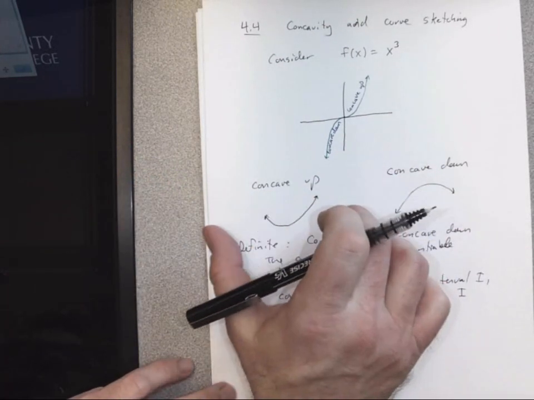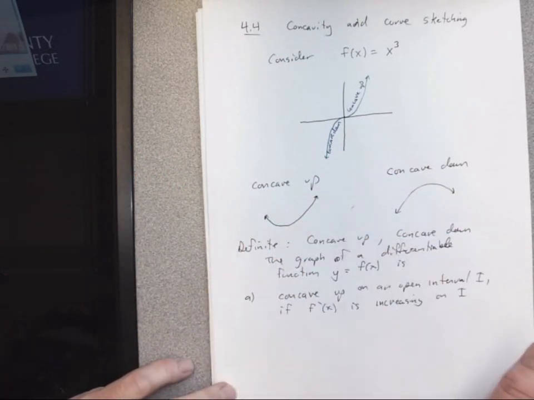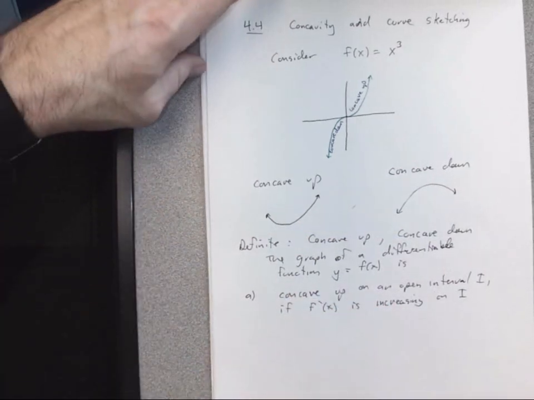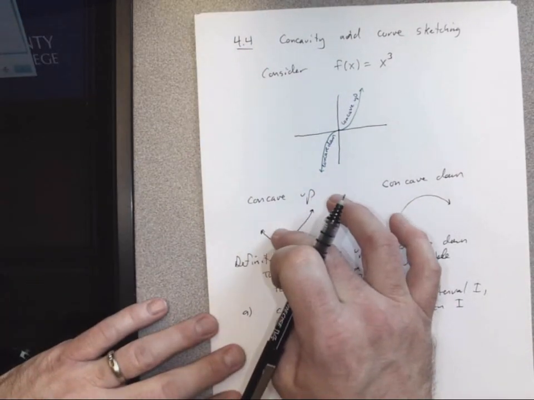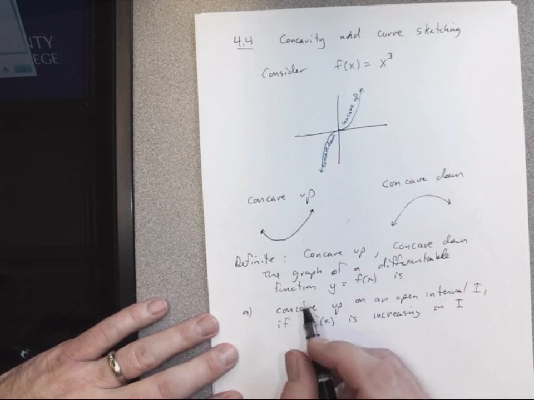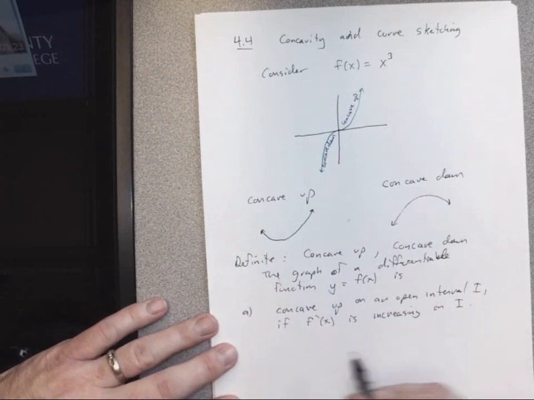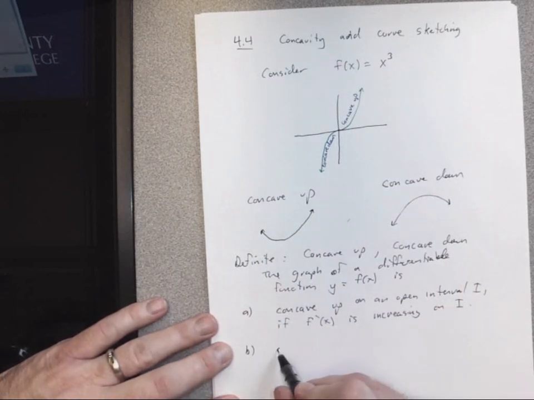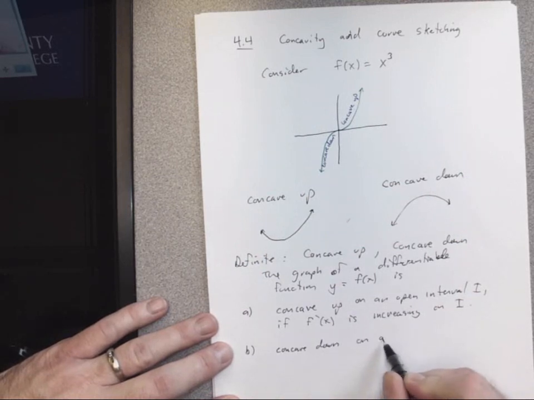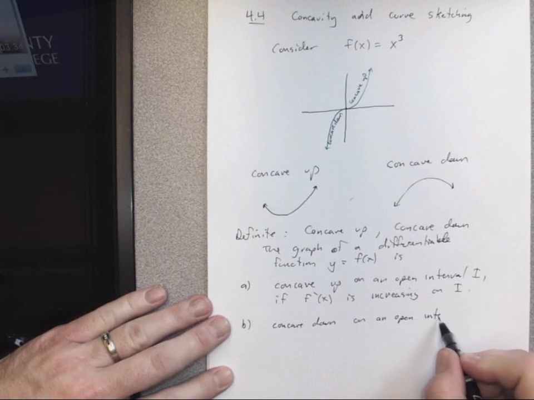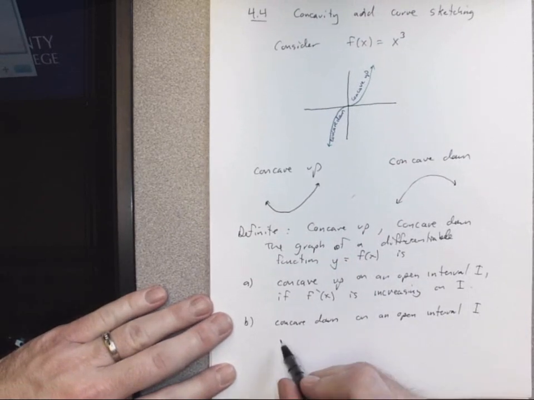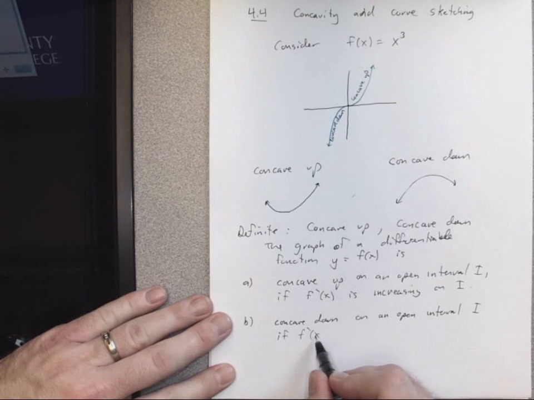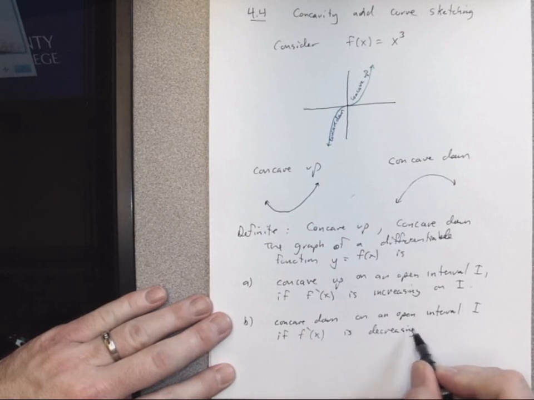So the slope of the tangent line is increasing as you move through this curve from left to right. And very similarly, it is concave down on an open interval I if f prime of x is decreasing on I.